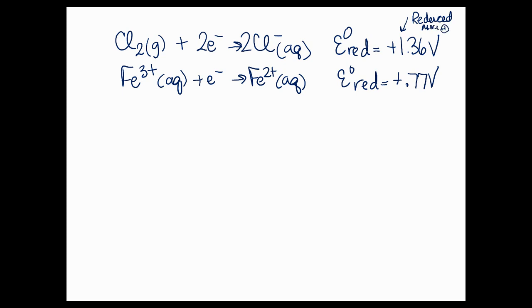This one is going to have to then be flipped. So the higher it is on that chart, if they're in order of plus, which they usually are, the more positive ones are at the top, those stay reduced. And so Fe, this one will get flipped.